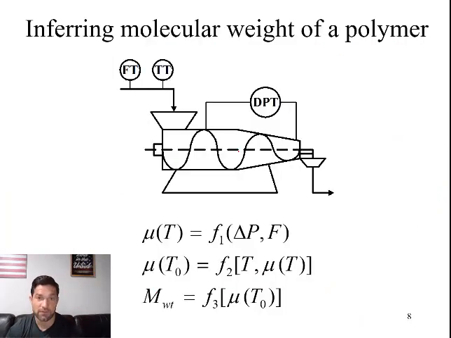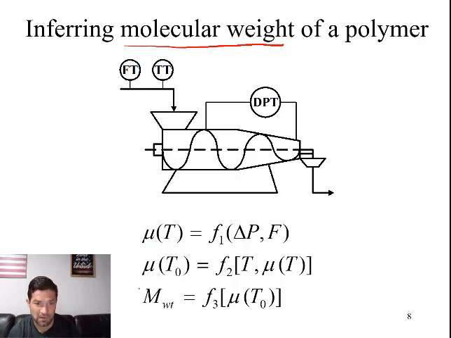Another system that we can use for inferential control is that for the molecular weight of a polymer. It takes a long time to measure the molecular weight of a polymer. You can use gel permeation chromatography, and maybe it takes on the order of 20 to 30 minutes to get a good measure. You don't have this luxury in polymer processing, so we use the correlation between different terms for the polymer.